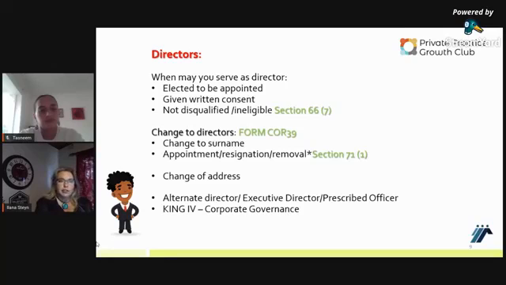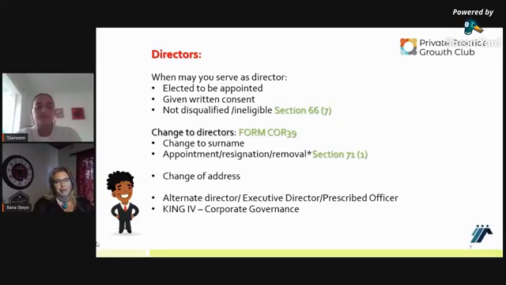They will use the details stipulated on CIPC, which means that if I moved and I didn't update my details, I will never receive the documents. So whenever you change your surname or your address or anything like that, it's important to update it with CIPC to keep it relevant.